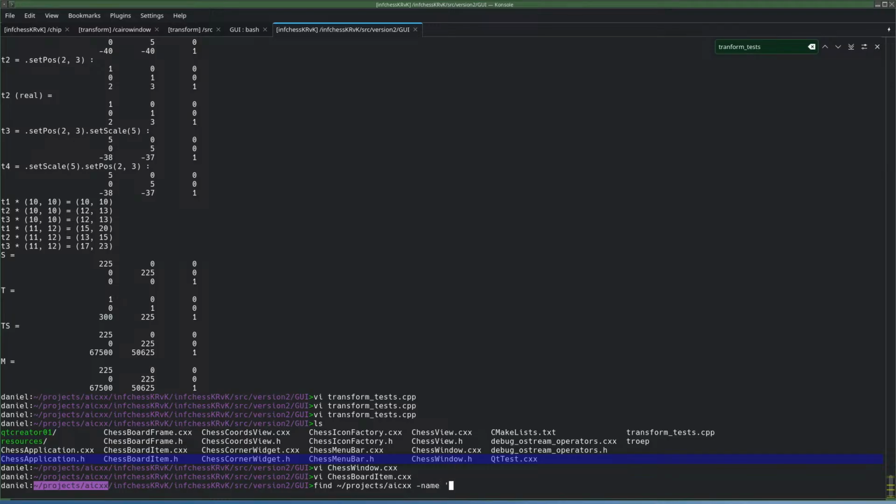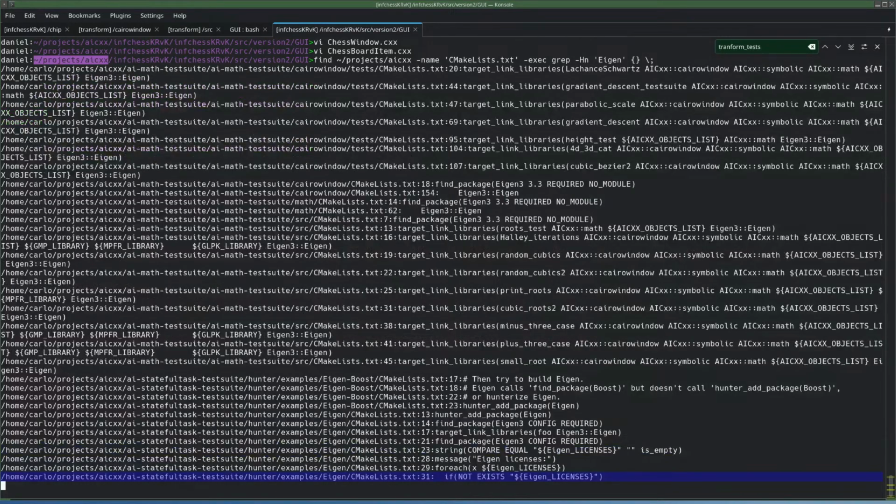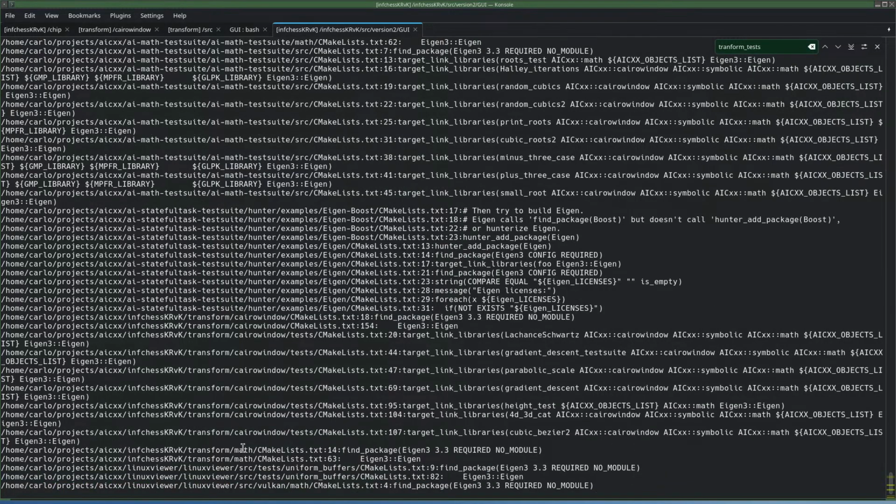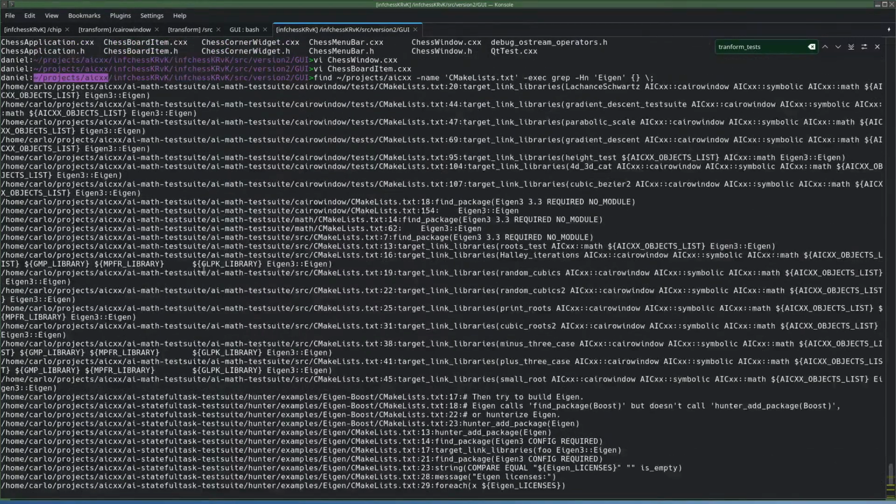Let's say name CMakeLists.txt, execute grep, probably Eigen. I can try that. Yeah, nice. Linux viewer test suite hunter examples. That's AI test suite hunter examples. That's not my code.